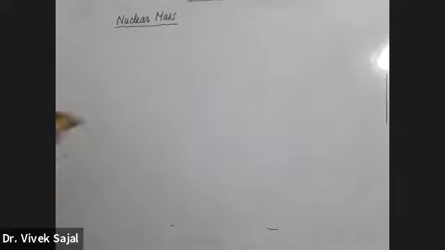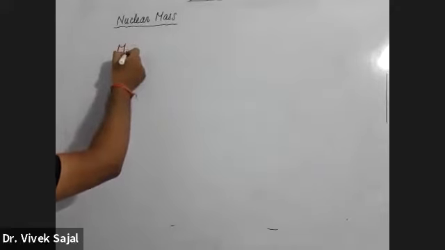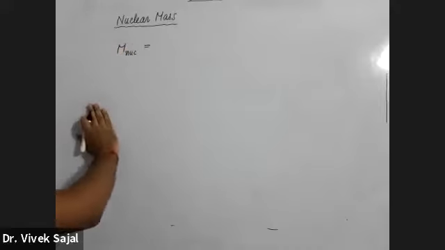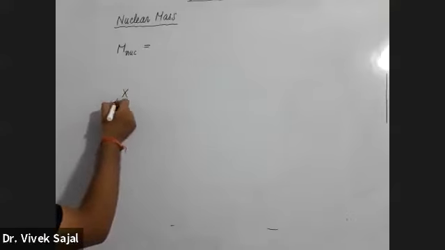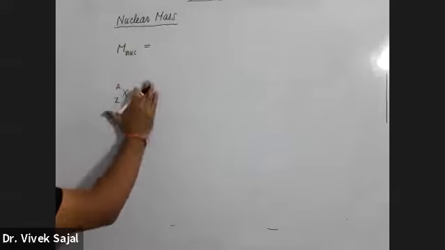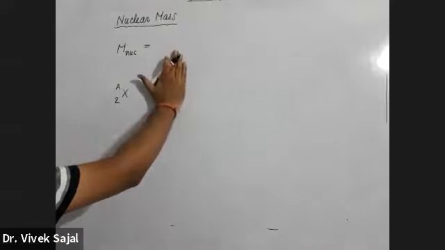If you want to find the mass of the nuclei, how much will it be? Suppose I want to find the mass of the nucleus Z X A. Then it should be equal to the mass of the constituent particles.